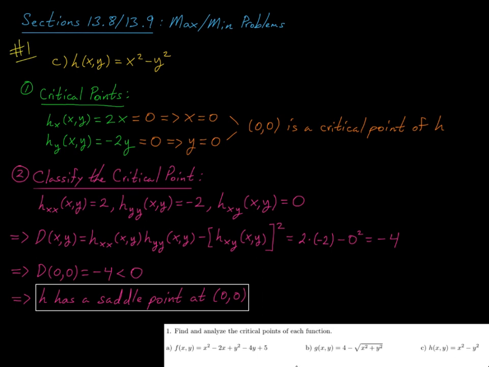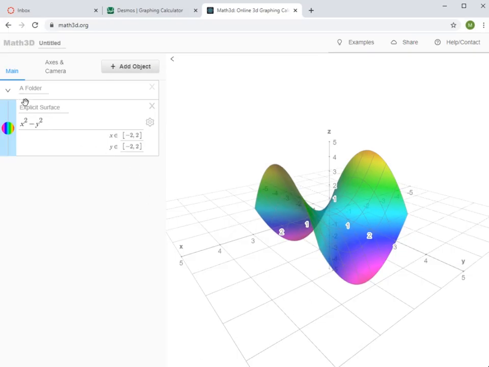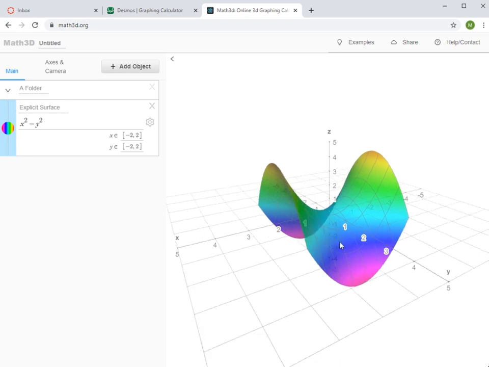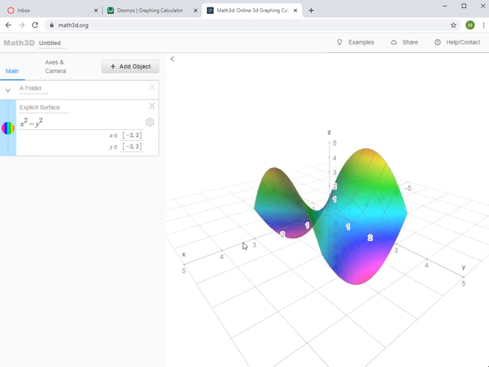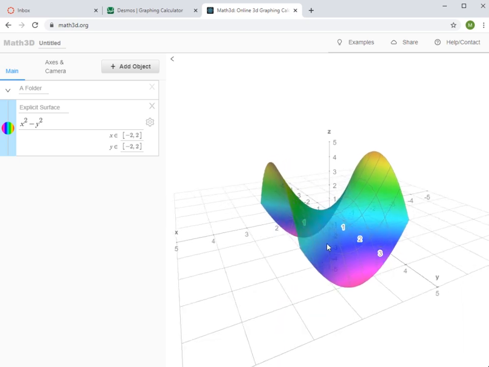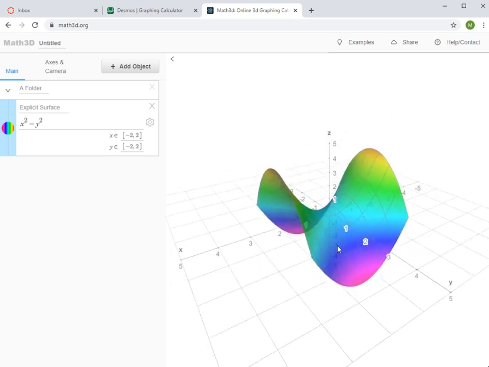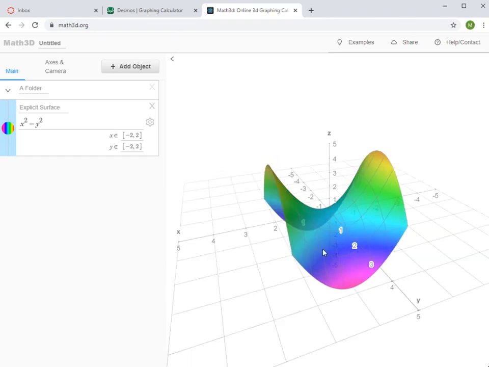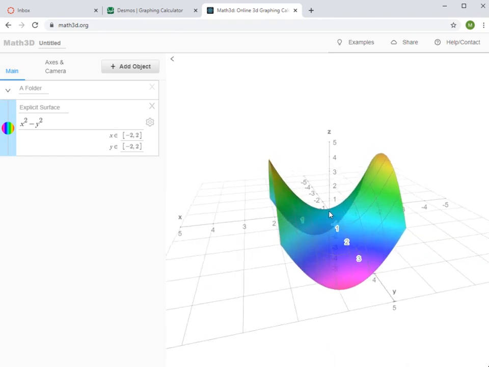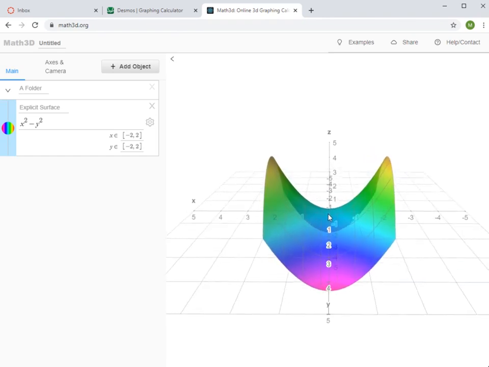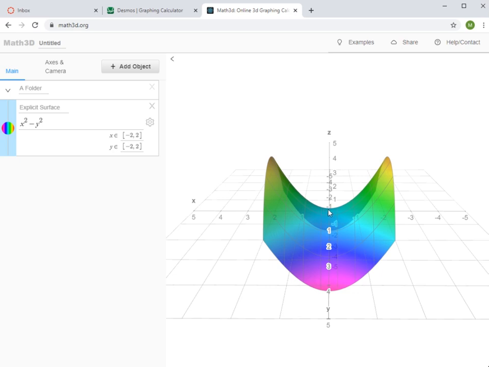Okay, so now, real quick, just to bring up a picture of the graph of this surface, we can see here for z equals x squared minus y squared, we're looking at this surface that looks like a Pringle chip, or in other words, it looks like a horse saddle. So at the origin, we're at neither a max nor a min.